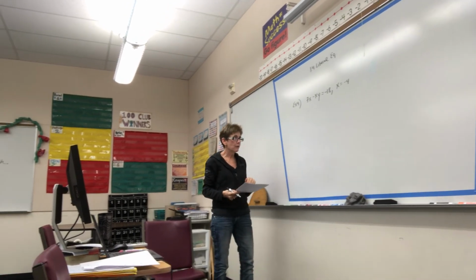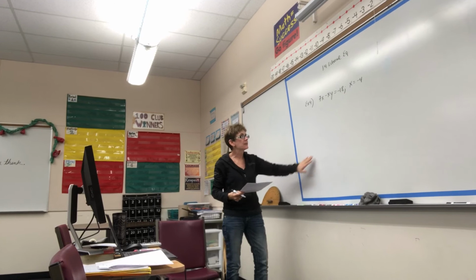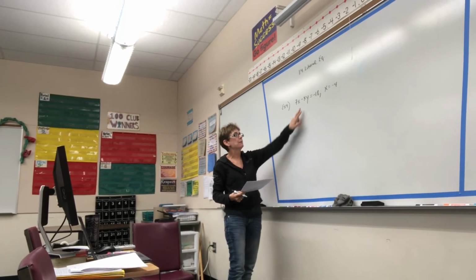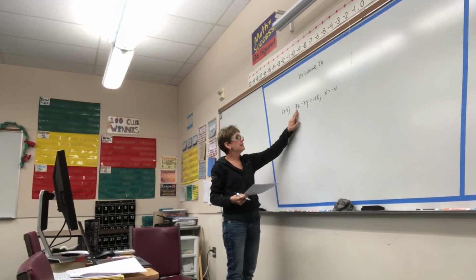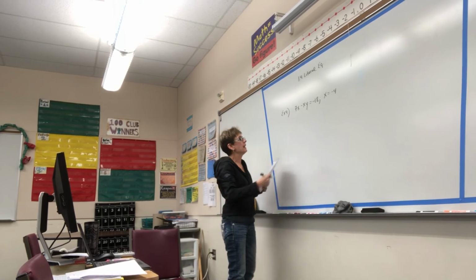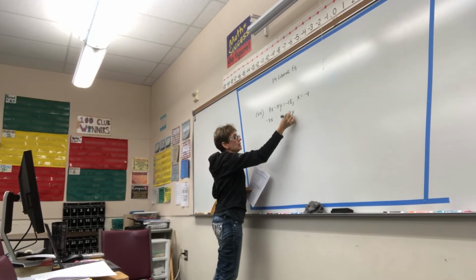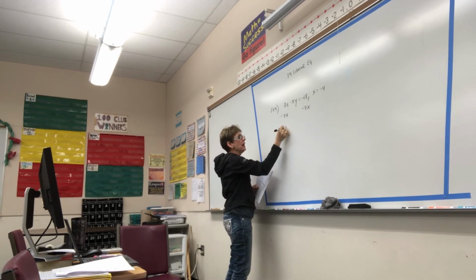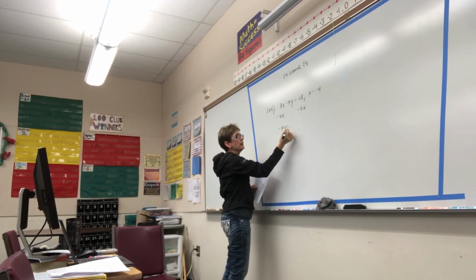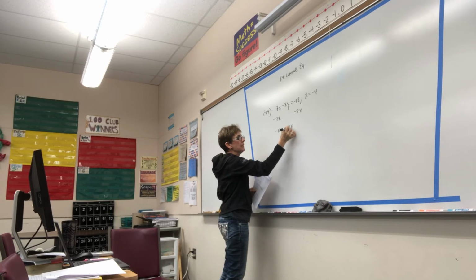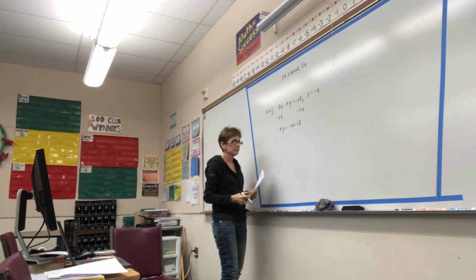When we solve for y, again, we want to use our opposite operations, looking at what's happening next to y. I can see that I have a positive 7x here, so I am going to subtract 7x from both sides. And I would have negative xy equals negative 7x minus 18.